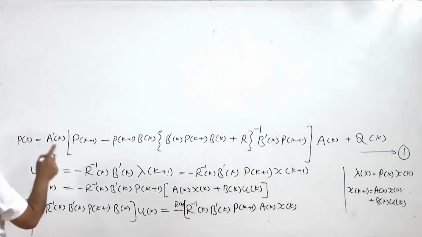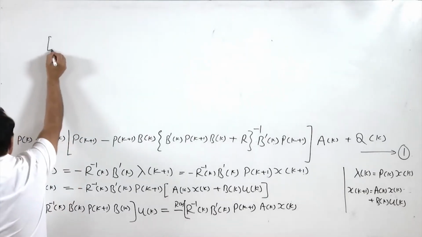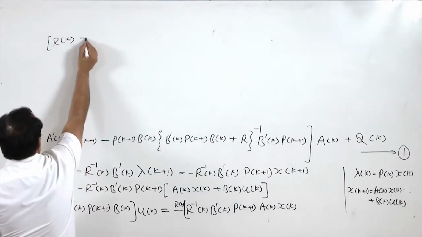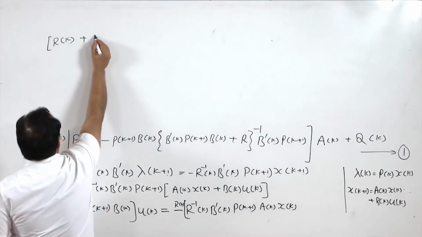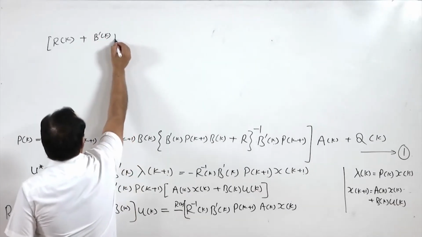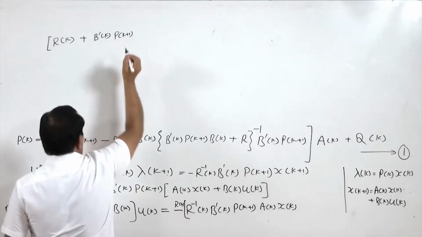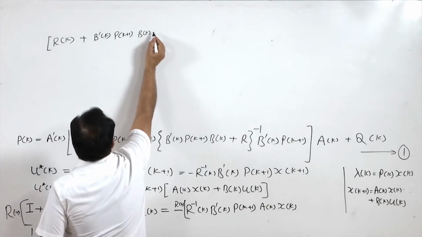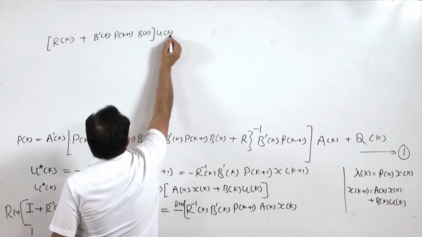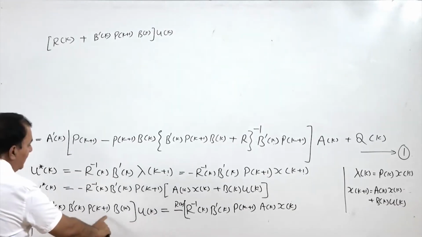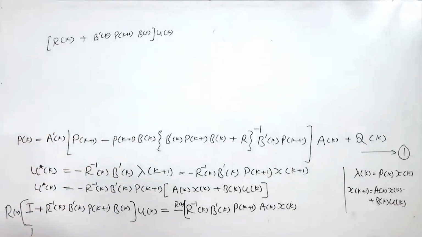If I multiply this, I get R(k) plus B prime(k) P(k+1) B(k), the whole multiplied with u(k), because R(k) times R inverse becomes the unity matrix.